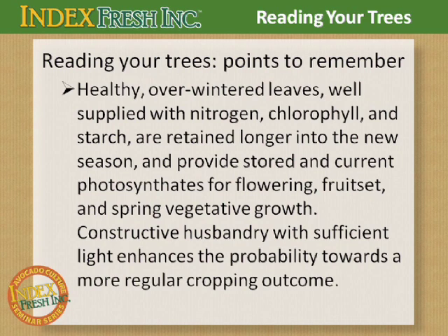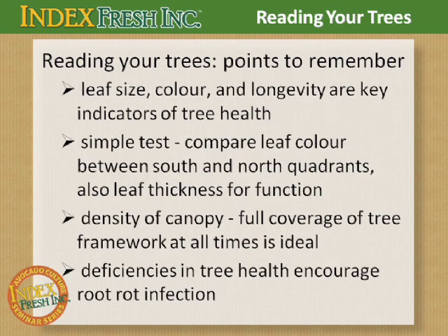And next, leaf size, color, and longevity are indicators of tree health. True. I mean, you see a lot of orchards where the leaves are small. That's not a good sign. You know how big a leaf can grow, probably 9, 10 inches. And that's how your leaf should look. So leaf size is a very good indicator, and also color and longevity.